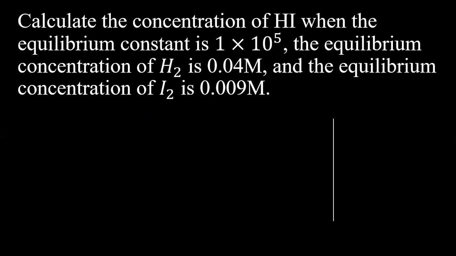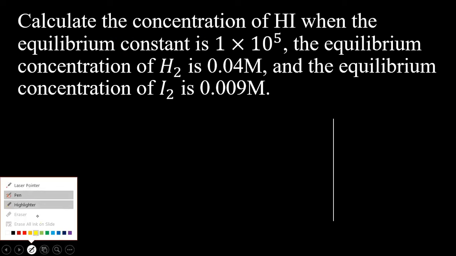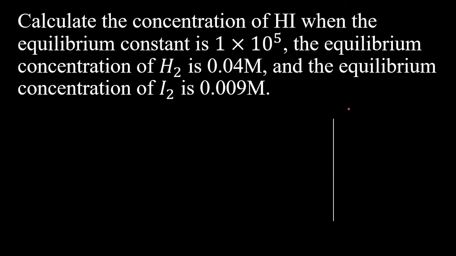Now we solve the problem of the equilibrium constant. Okay, here calculate the concentration of hydrogen iodide when the equilibrium constant is 1 multiplied by 10 power 5. So the hydrogen iodide concentration is unknown, you will calculate it.